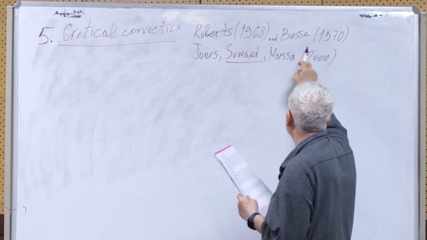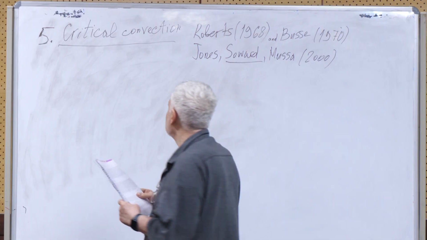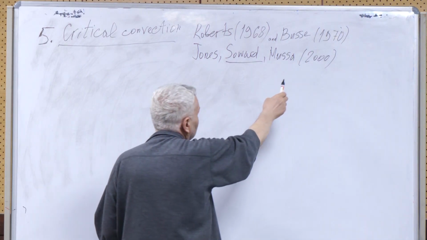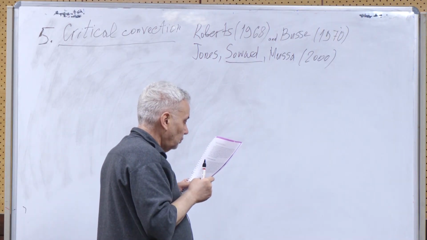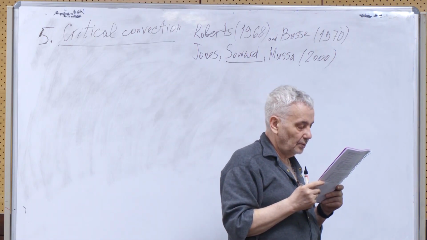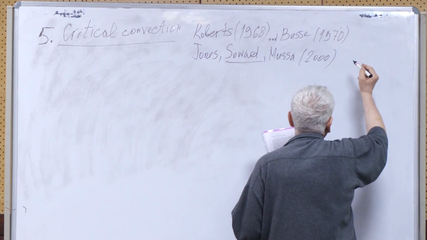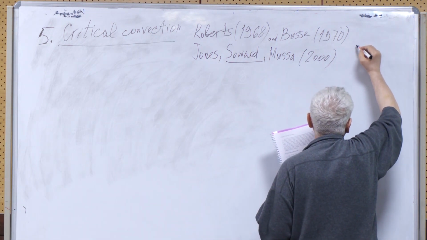Actually, Roberts and Busse found a local solution, but these people managed to find the global solution. So they were using their global WKBJ method. Actually, everywhere we use the WKBJ method.